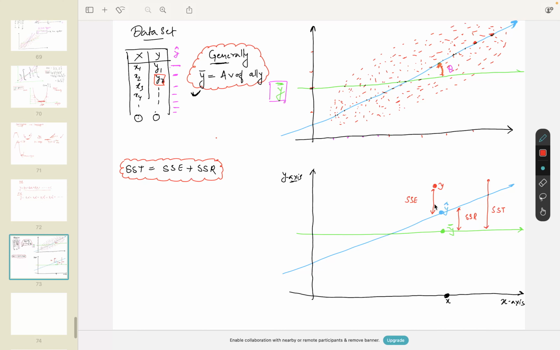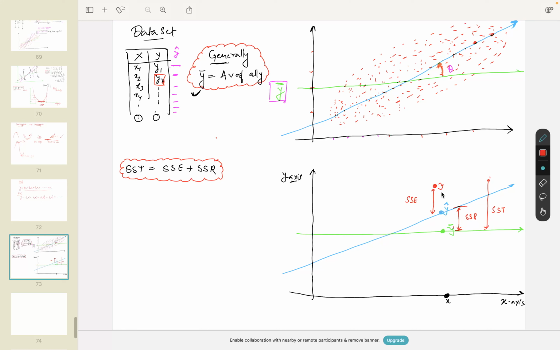This was the error, or basically I can say this is the error that we saved with the SSR. Getting my point? This was the entire error, and with this linear regression we saved this error, right?